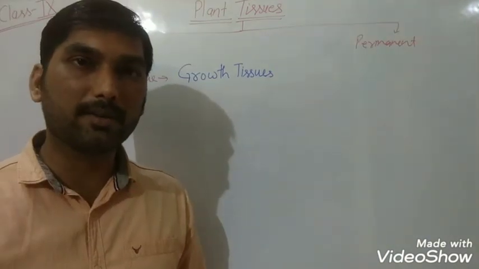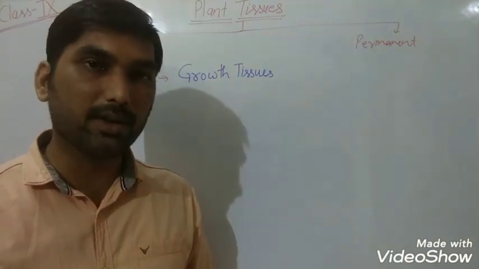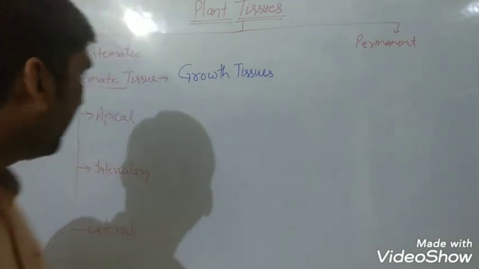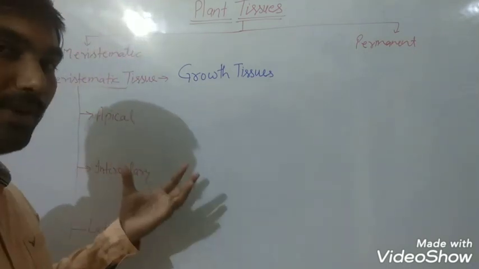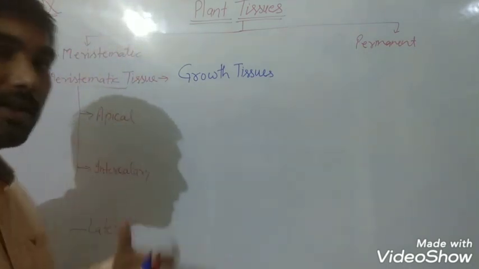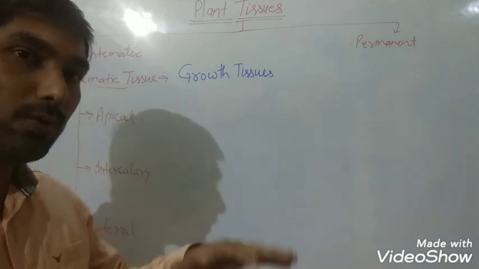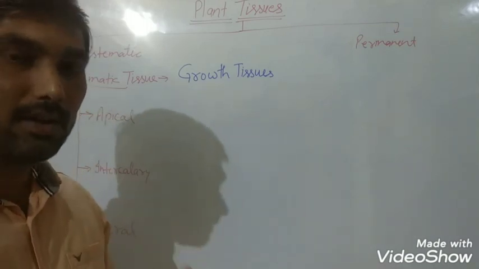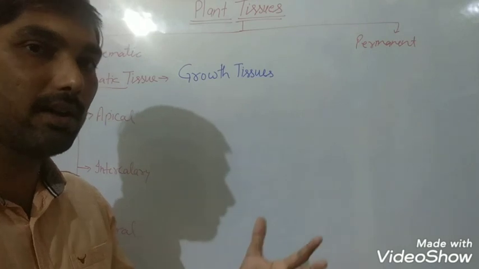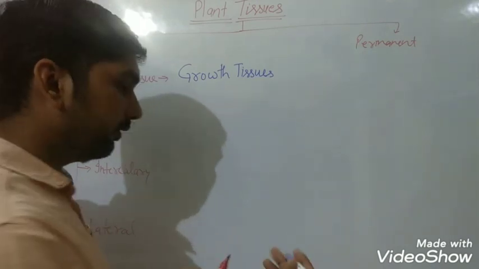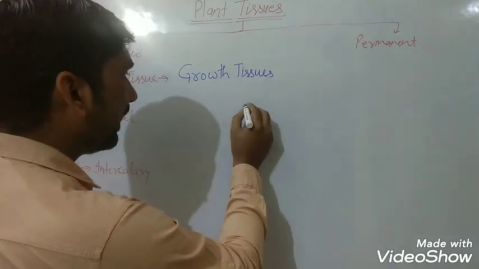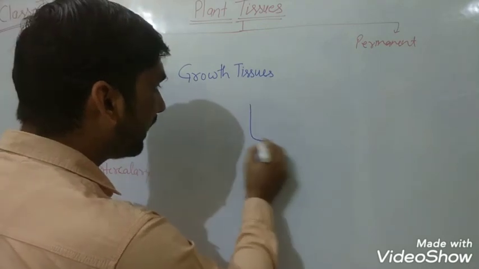One very interesting activity is given in your book, which proves that if we remove this apical meristem from the plant root or shoot body, then growth will not occur in that part. For the activity, 2 beakers are given.